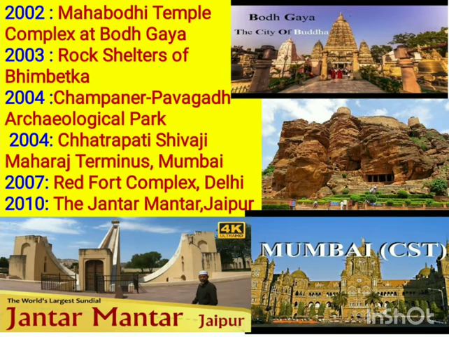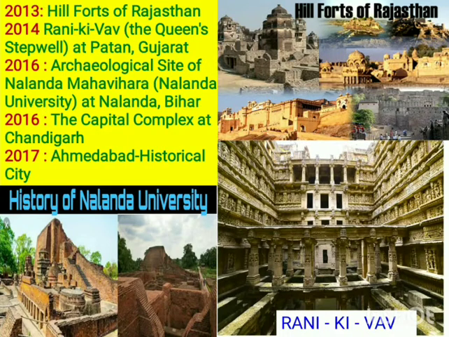2004, we had Champaner Pavagadh Archaeological Park as well as Chhatrapati Shivaji Maharaj Terminus, Mumbai. 2007, Red Fort Complex, Delhi. 2010, the Jantar Mantar, Jaipur. 2013, we had Hill Forts of Rajasthan. 2014, we had Rani Ki Vav, the Queen's Step Well at Patan, Gujarat. 2016, we had archaeological site of Nalanda Mahavihara, Nalanda University at Nalanda, Bihar, as well as the capital complex at Chandigarh.